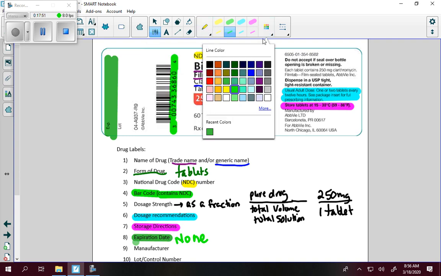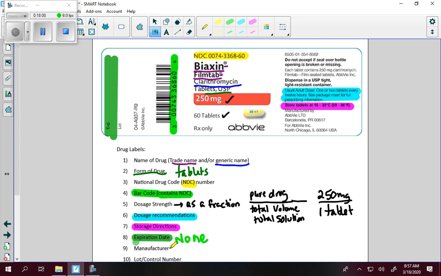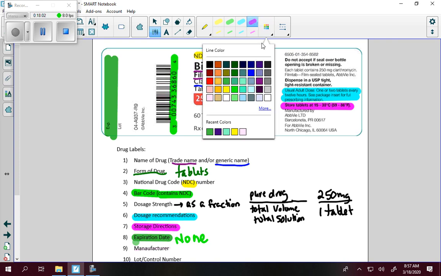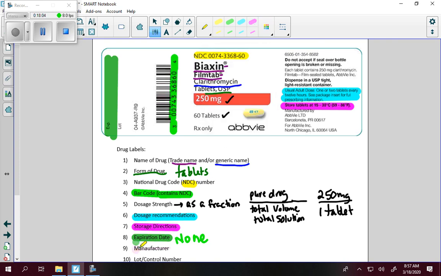Manufacturer. Let's do this. This is kind of interesting. How about that one? Oh, I already used some of those colors. So the manufacturer would be here, manufactured by AbbVie. Or it's also right there. The lot or control number, we'll go back to pen. The lot or control number is right here.